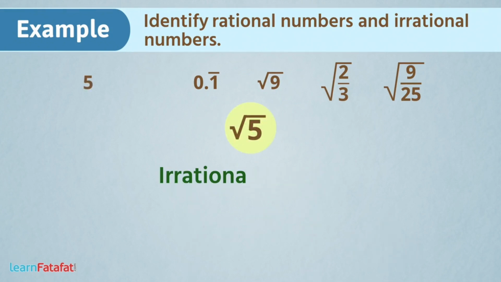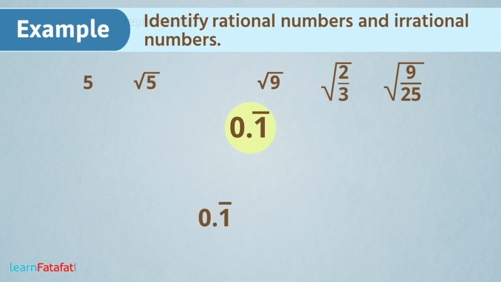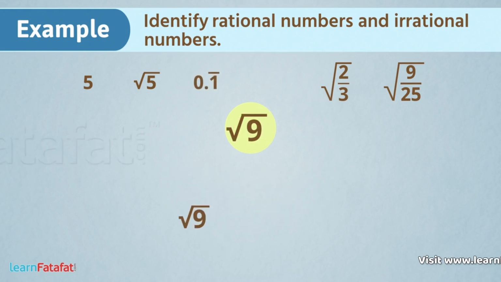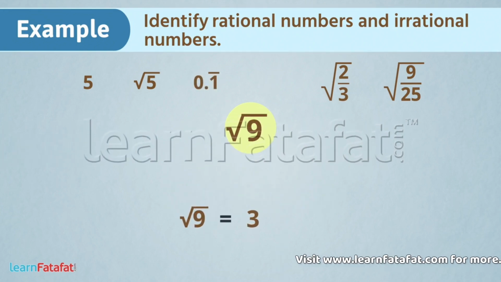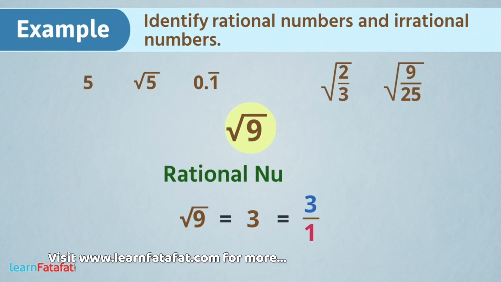Root 5 is irrational as we cannot express it as a ratio of integers p and q. 0.1 repeating is equal to 1 by 9. So, 0.1 repeating is a rational number. Root 9 is equal to 3, which is equal to 3 by 1. So, root 9 is a rational number.